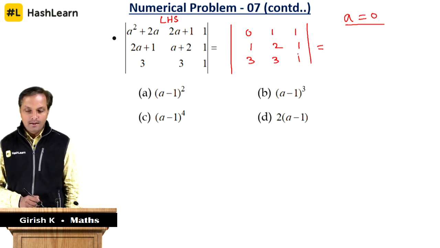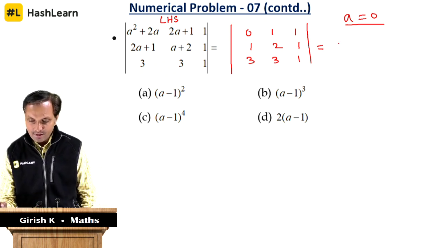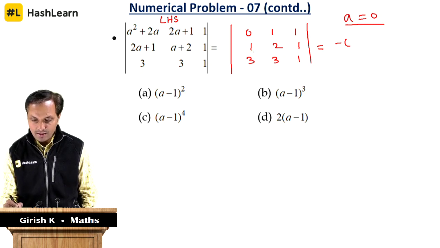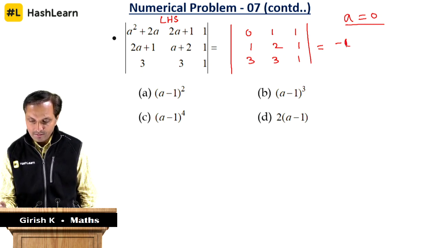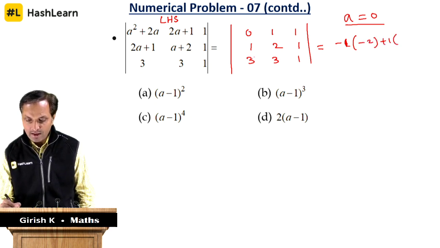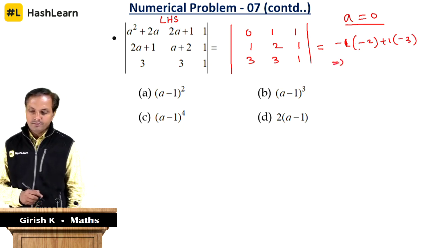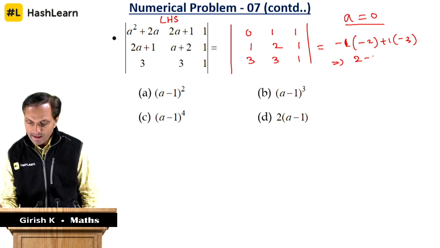Once you solve this determinant, you are taking a as 0 and solving it. This is minus 1. Okay, 1 minus 3 is minus 2. Again, if you take plus 1, this is 3 minus 6 is minus 3. That will give you 2 minus 3 is equal to minus 1.